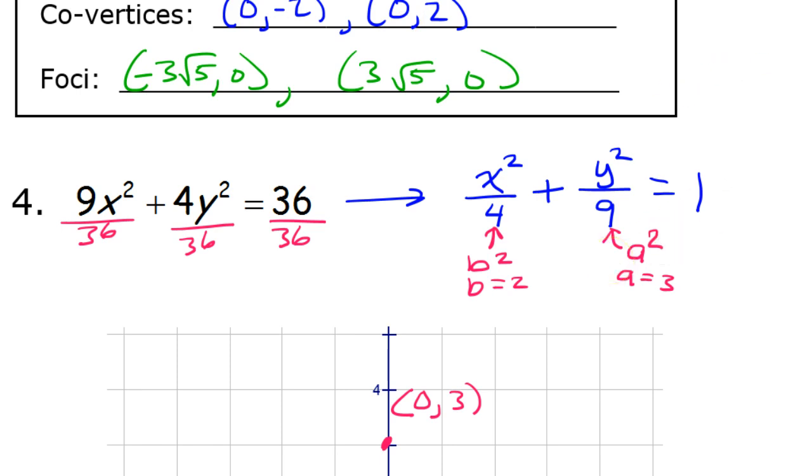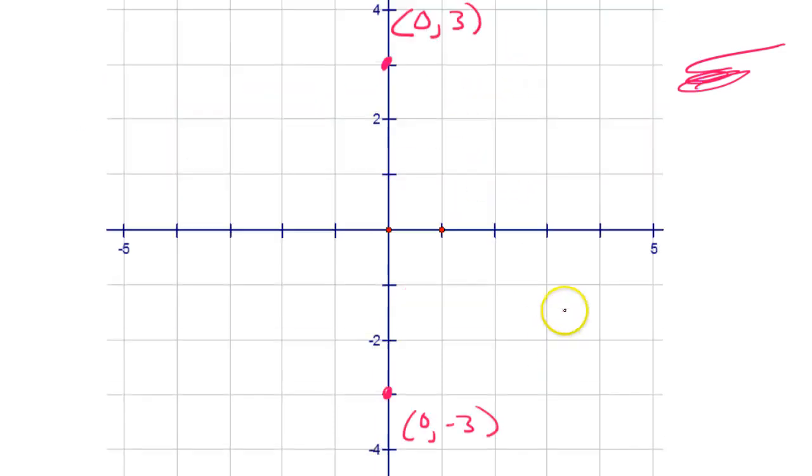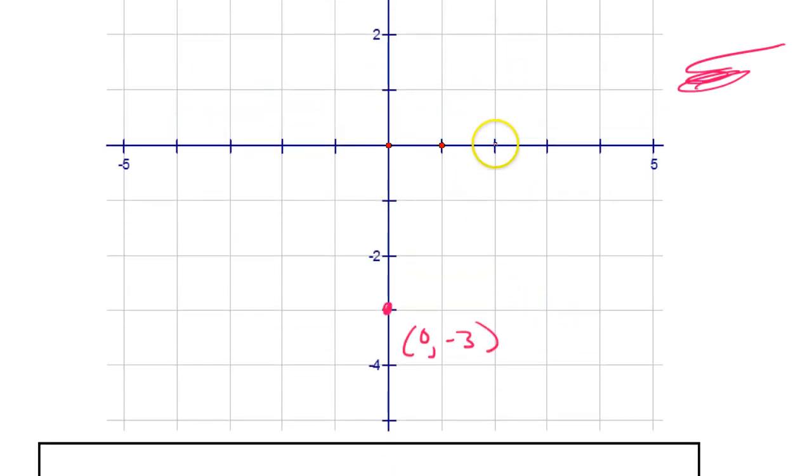Okay, what about those co-vertices? The co-vertices are associated with the b value. The b value is with the x squared term, so when I do the 2, I'm going to go in the x direction. I'm going to go right 2 and left 2.